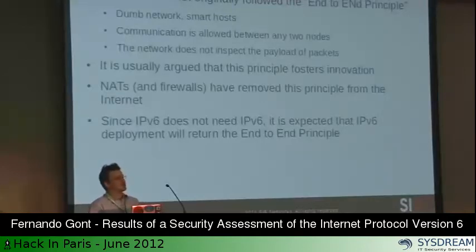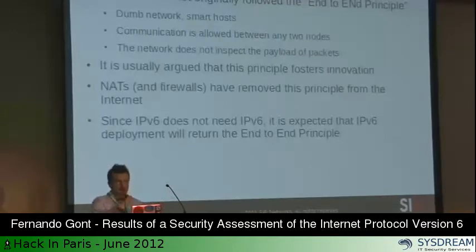Two of the devices that are probably responsible for removing the end-to-end principle from the Internet are NIDS and firewalls. Essentially, both need to inspect the contents of packets, so they violate most, if not all, of the aspects that we discussed here.